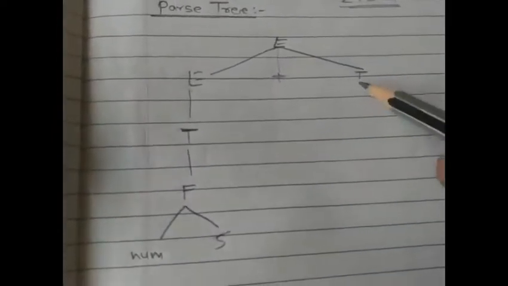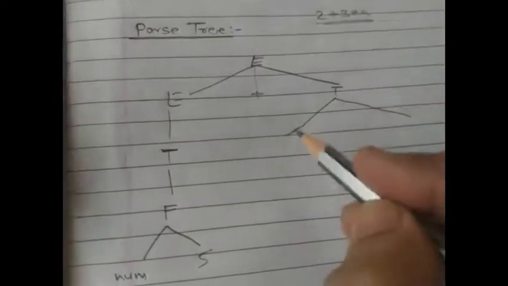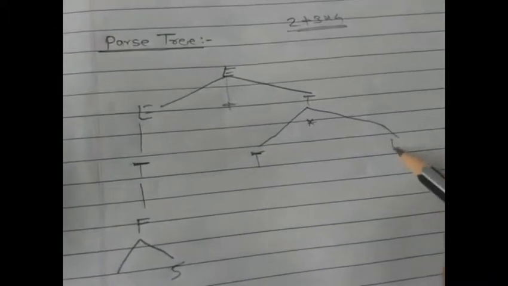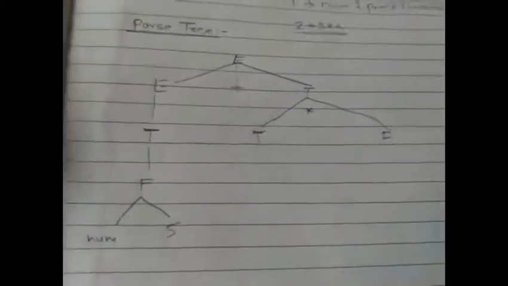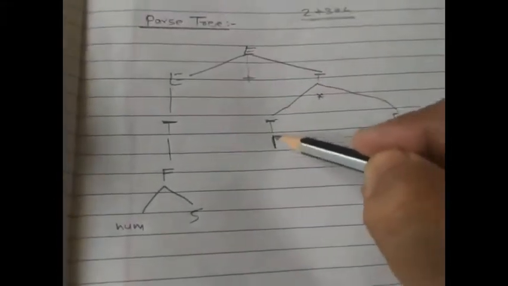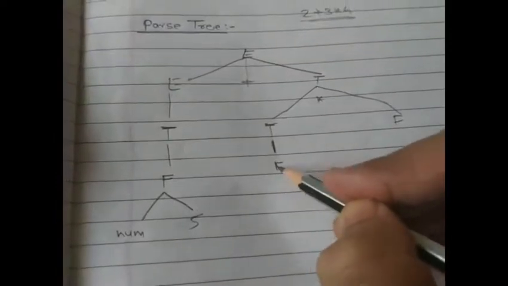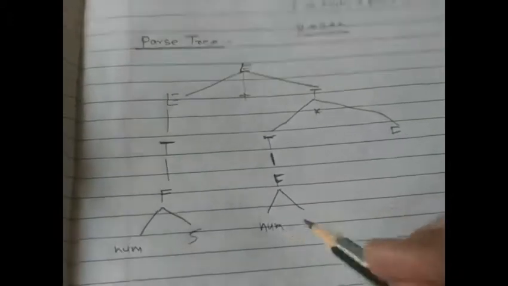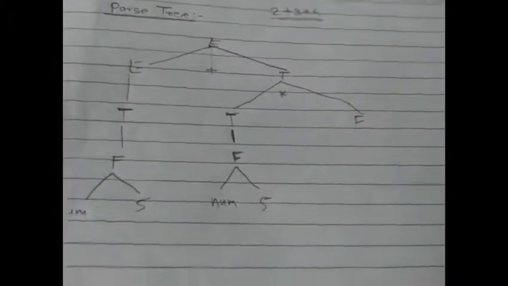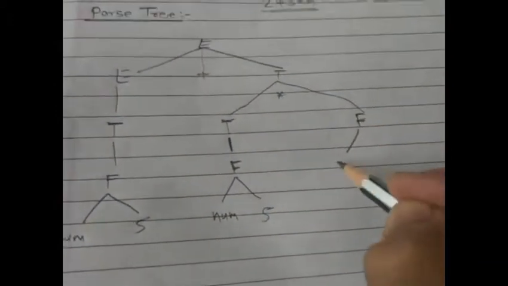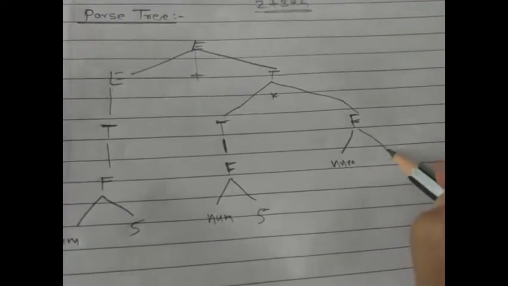Then this T derives T star F, and this T derives F, and this F derives num again with semantic action 5. This F also derives num with semantic action number 5.